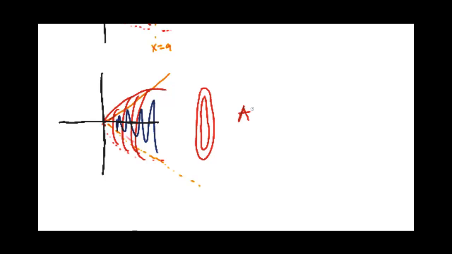So this one would be area of the outer minus the inner. Okay, and the outer was root x, right? And the inner was y equals x.